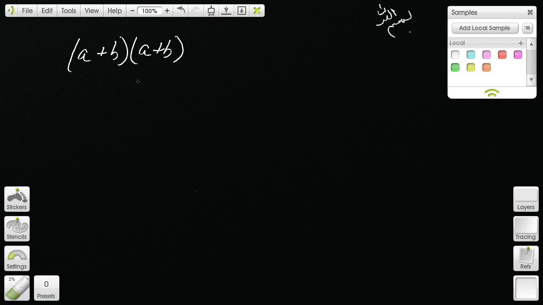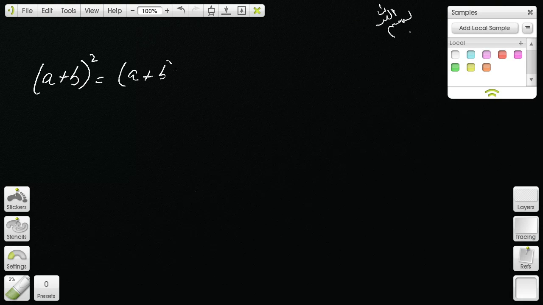This is a special case. In other words, you have two of the same binomials, two terms that are the same. So this is a plus b squared. That's the first special case, a plus b squared, which is a plus b times a plus b.